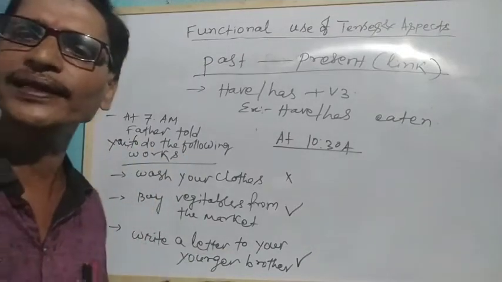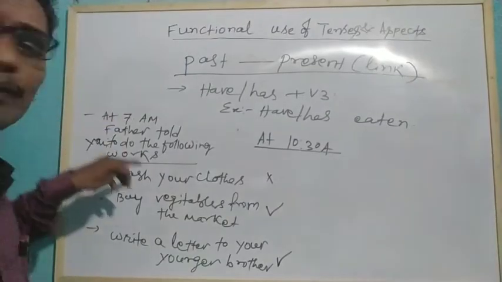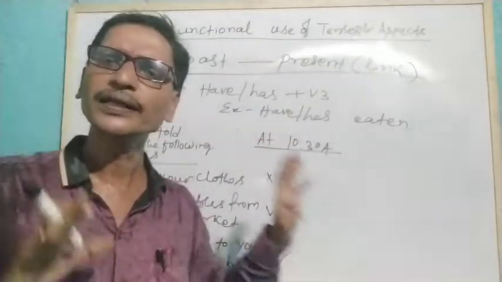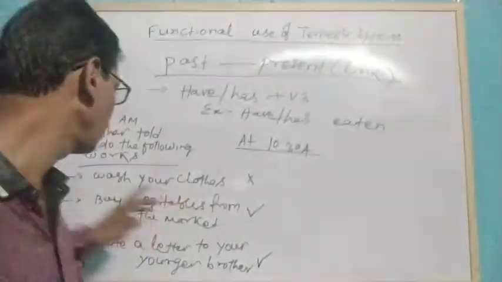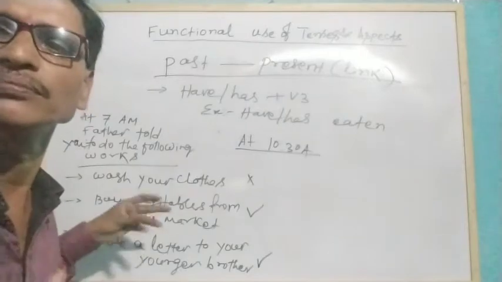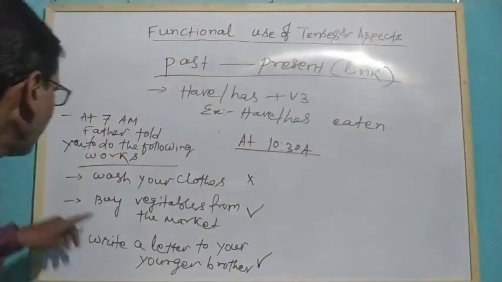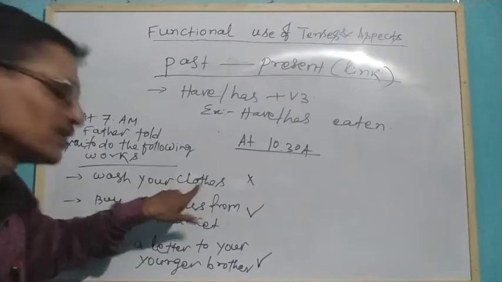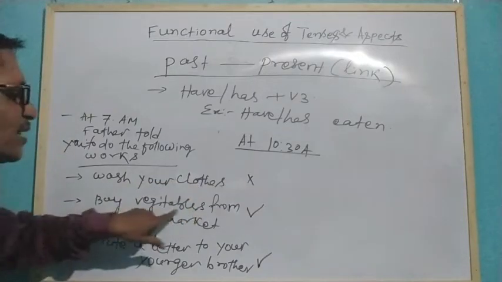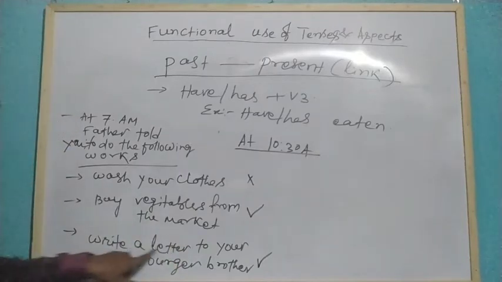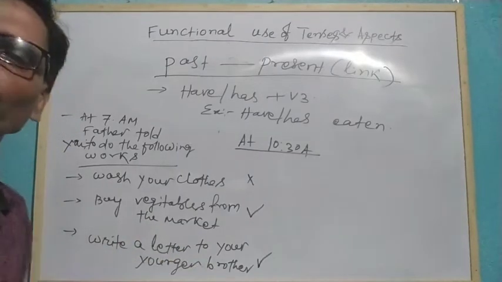At 7 a.m. your father went outside, and before going he told you, okay, you do these following works today within some time. He told you first work, wash your clothes. Then he told you buy vegetables from the market. Again he told you write a letter to your younger brother.